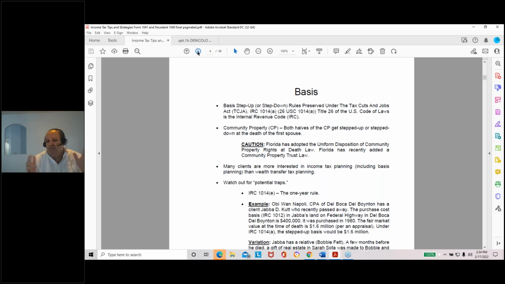Yes, IRS has Publication 551, which deals with basis, but the first thing is of course what everybody wants, which is the basis step up, right? By the way, basis can step down as well under the statute. Title 26, by the way, is the United States Code of Laws.